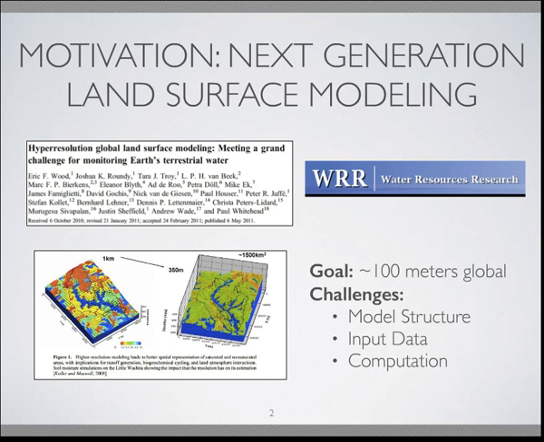Computation, so we need to take advantage of high-performance computing. And then the one that's most relevant to this presentation is input data. We have different high-resolution land cover. We have, to a certain extent, high-resolution rainfall meteorology. The soils has always been something that's been very problematic in our hydrologic models.